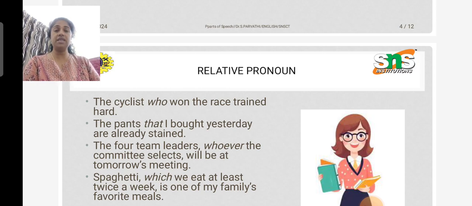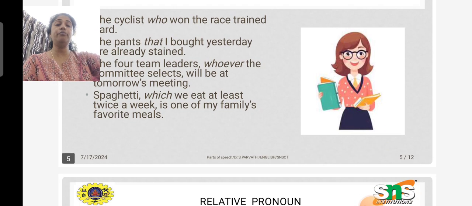We are talking about the 4 leaders, whoever is selected for the team will have the meeting tomorrow. And spaghetti, which we eat at least twice a week, is one of my family's favorite meals. Spaghetti is a kind of food, so we are talking about spaghetti, using the word which. This is called a relative pronoun.